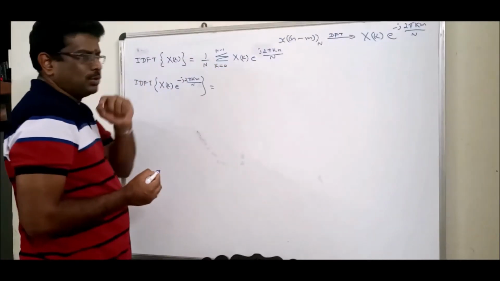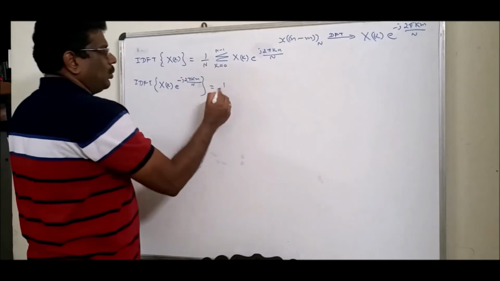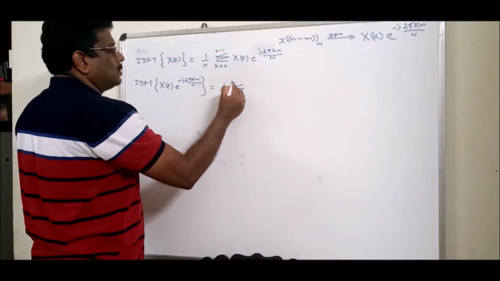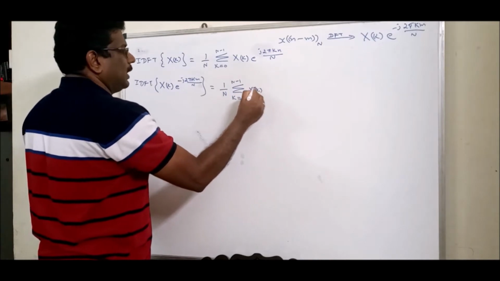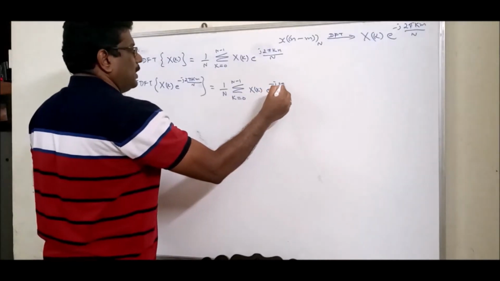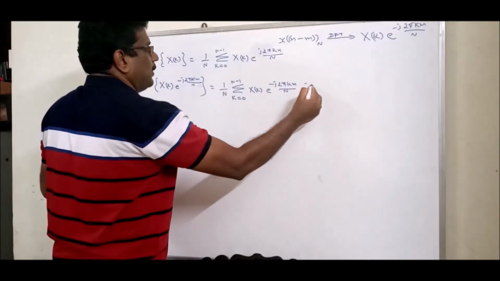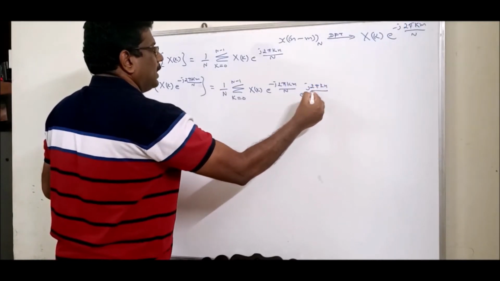Whatever the term you substitute, the same we will do. 1 by n summation k equal to 0 to n minus 1 X of k e power minus j 2 pi km by n e power j 2 pi kn by n.